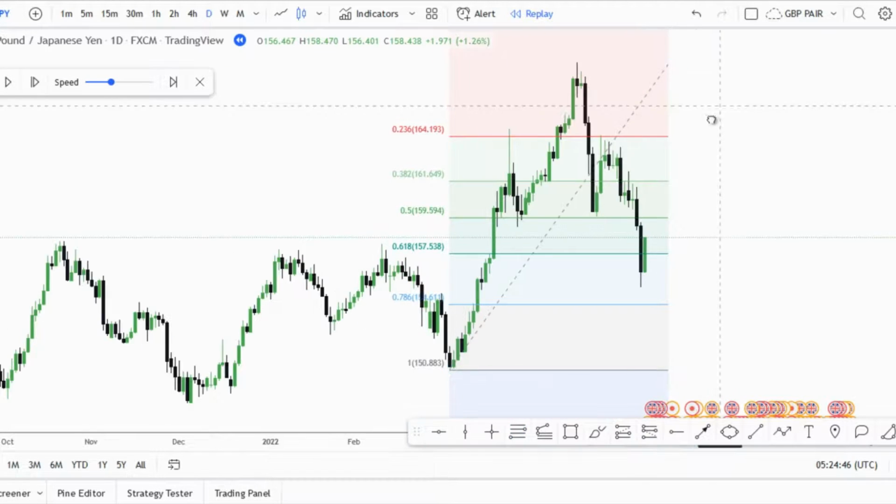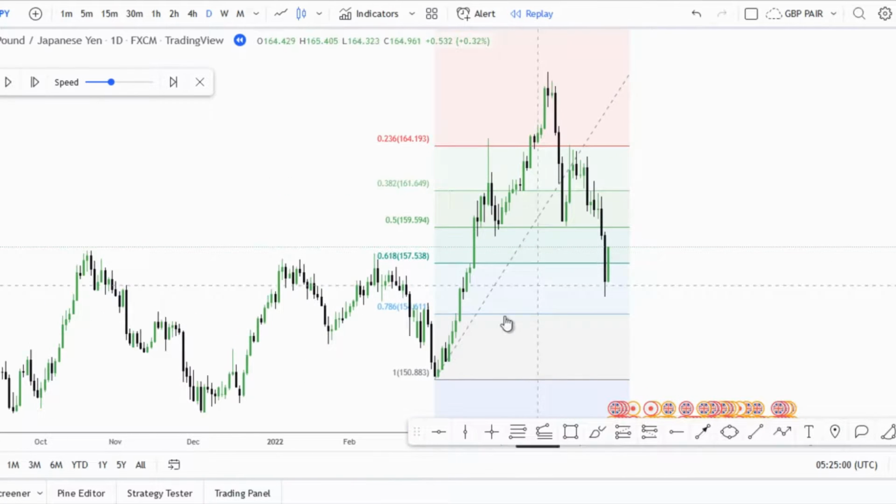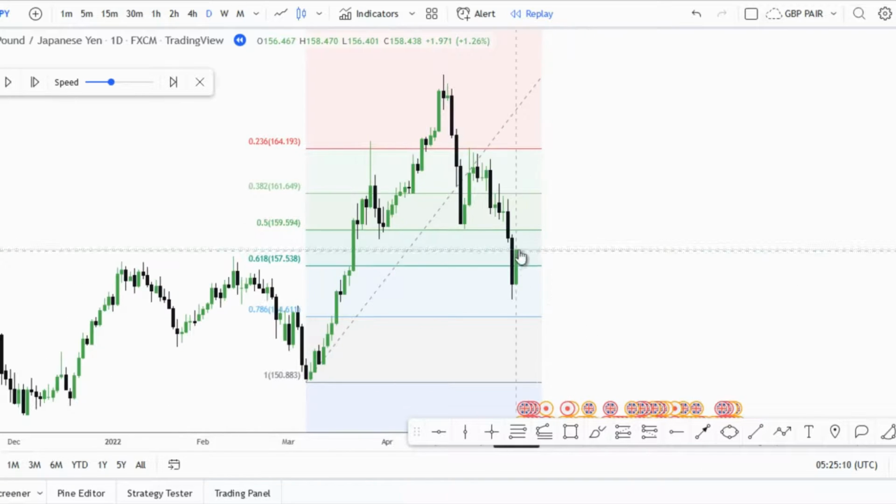Use the tip of the wick. This is the tip of the wick, that's the body. At the bottom here, the wick and the body actually coincide. So you pick from the wick of the last candle to the first candle, or the first candle to the last candle, of the particular impulse you are considering, and then you look at this.